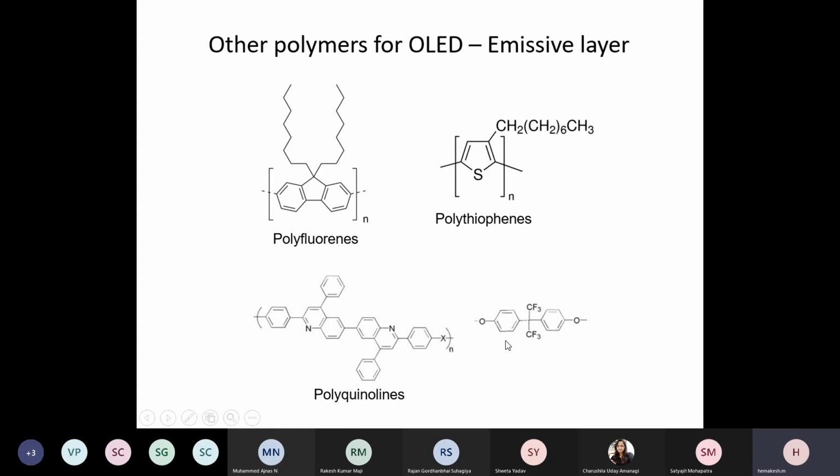And fluorinated polyethers also have some level of fluorescence, even though they are not actually conjugated polymers. So there are other families of polymers that are also studied as the emission layer for polymer containing LEDs. In general, polymer containing LEDs have lower efficiency than small molecule ones. So that's why that is the least developed material for the emission layer of LEDs.